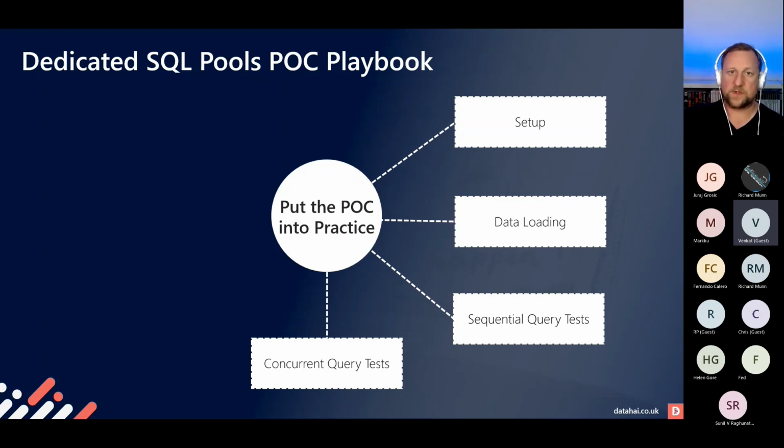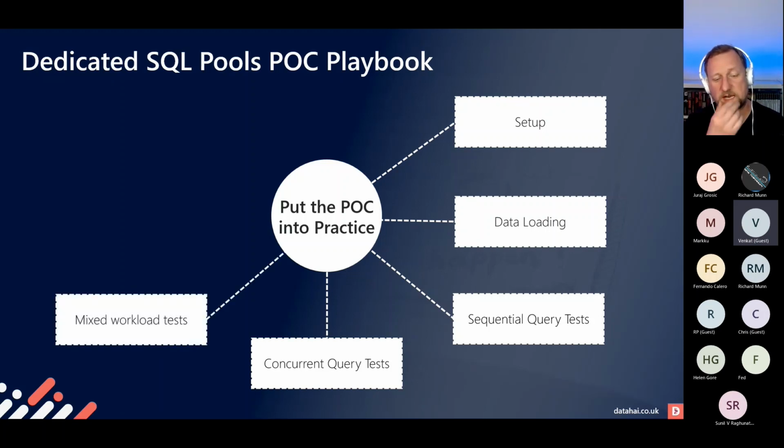I think up to 1,000 queries can be queued, but it's how quickly those queries are going to be executed. And we've got tools like Apache JMeter. Actually, there's a really good blog post where someone had tested serverless SQL pools concurrency alongside Databricks using Apache JMeter.